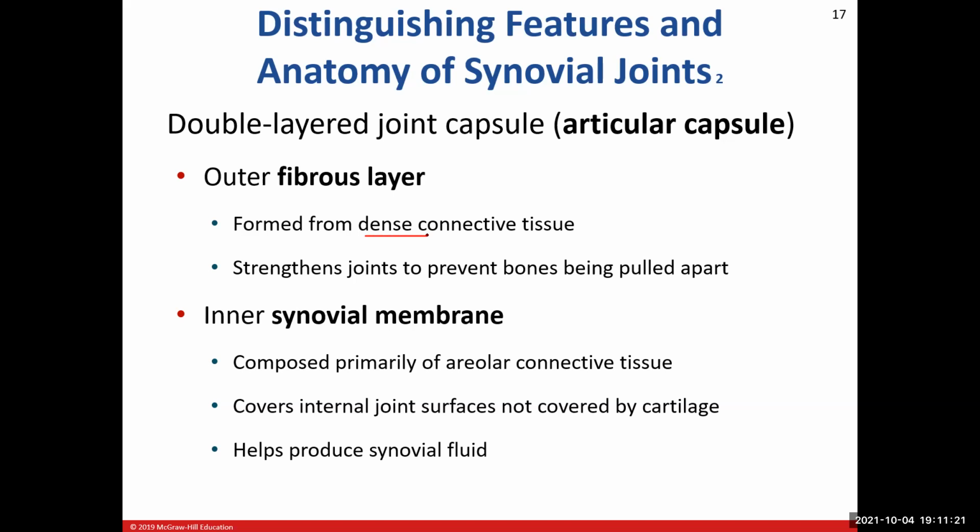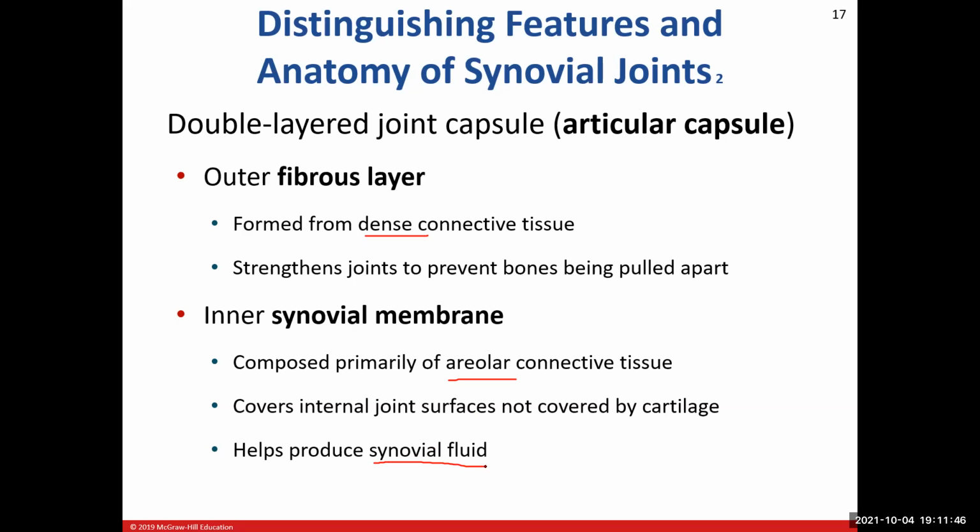All right, and then on the inside, in our inner layer, that's the synovial membrane. That's going to be made up of a loose connective tissue, areolar connective tissue, and it's going to make the synovial fluid. Interesting fact is that the synovial membrane is going to be on the inside of the joint capsule, but it will not cover the articular cartilage.